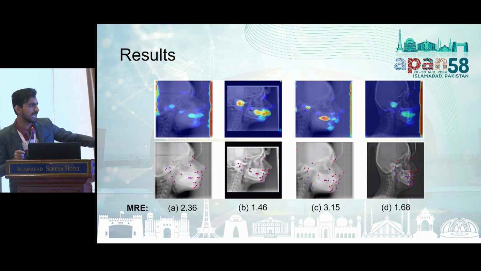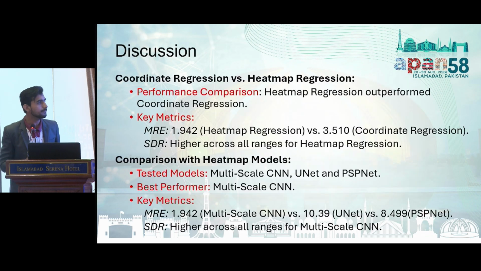As you go along, the image at the second level has 1.46 mean radial error, and an image with 3.1, which is a very large mean radial error, is also shown here.